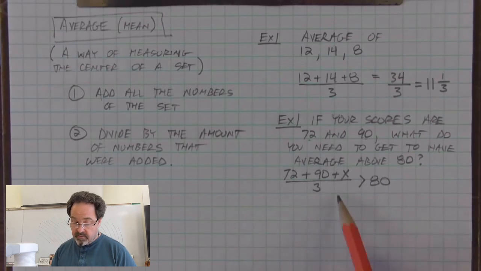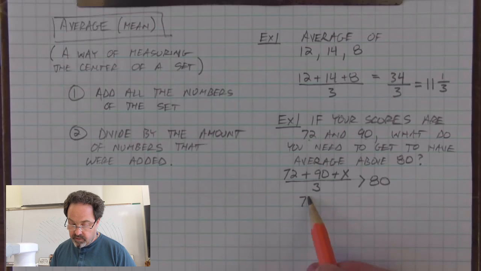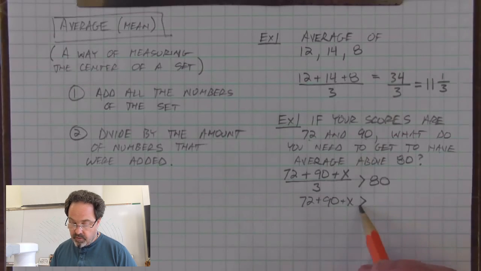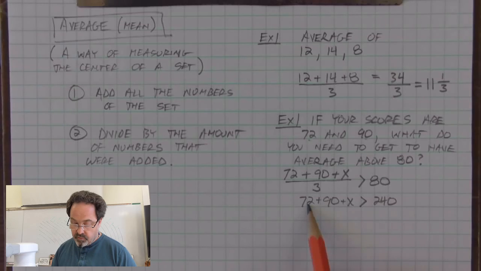Algebraically, we'll get x by itself by multiplying first both sides by 3. When we do, it'll cancel out this division by 3, and we get 72 plus 90 plus x is greater than 3 times 80, which is 240. If I subtract 72 and subtract 90 from both sides, that will leave x by itself.